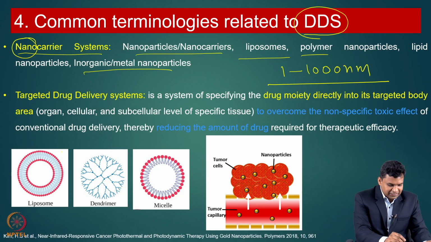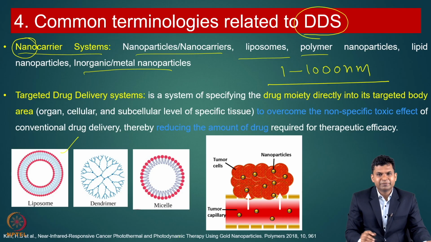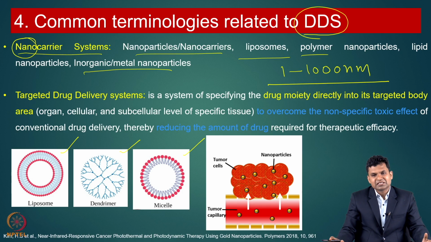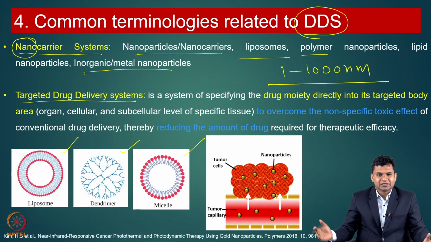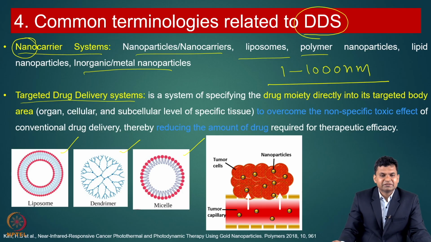These are some examples, the pictorial representation of nanocarrier systems: liposomes and dendrimers, which can be prepared using polymers, and micelles, which we can prepare using various types of surfactants, as well as polymer micelles using various polymers. Another term that we are going to learn in another week is targeted drug delivery systems.